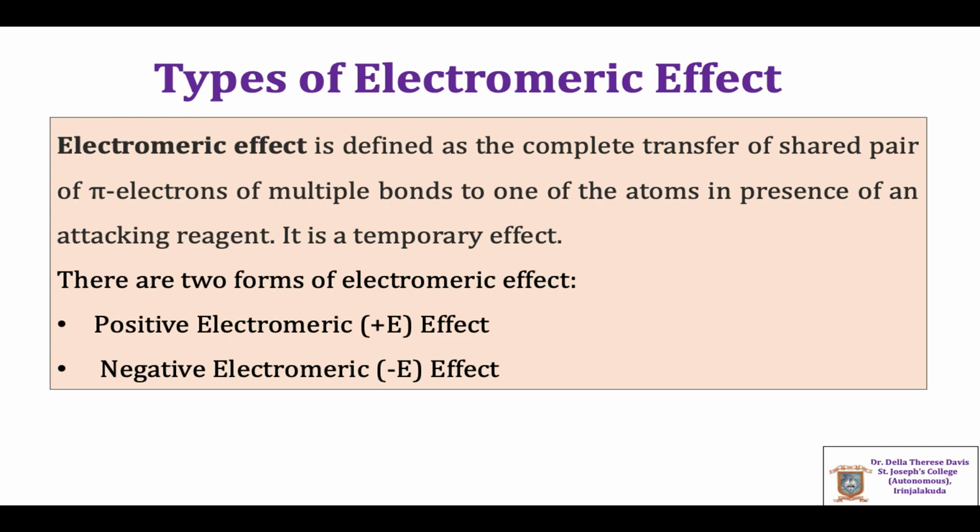The direction of the electromeric shift is determined by the electronegativities of the atom and the electron withdrawing or electron donating tendencies of the attached group. Thus, there are two types of electromeric effects, positive electromeric effect and negative electromeric effect.